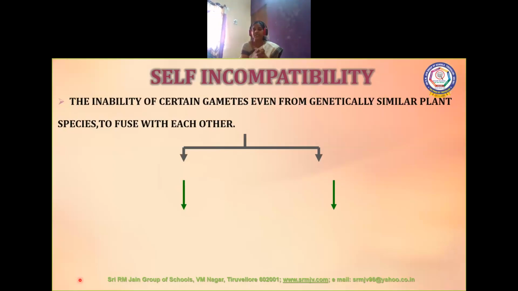This condition we call a sterile condition, the inability to reproduce. This self-sterility is called self-incompatibility. So the inability of certain gametes, even from genetically similar plant species, to fuse with each other, we call self-incompatibility.